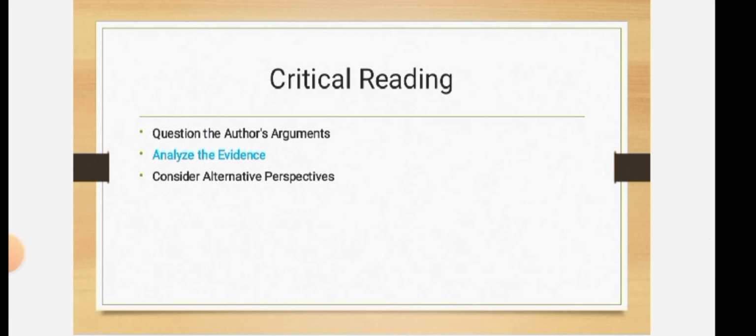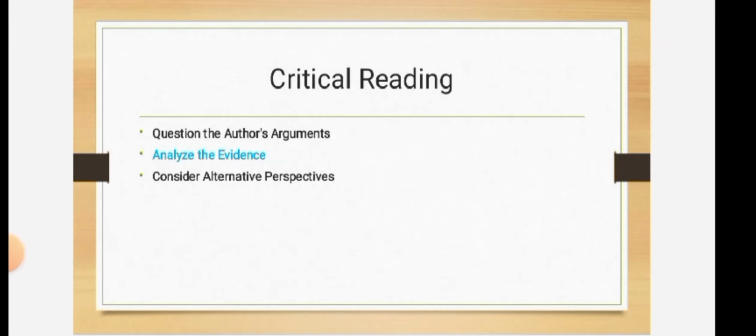Critical reading. This is like becoming an active analyst. Don't be a passive reader. Engage with the text critically. Question the author's argument. Evaluate the logic and evidence presented. Ask yourself if the arguments hold up, if the evidence is credible, and if there are alternative perspectives. Analyze the evidence.